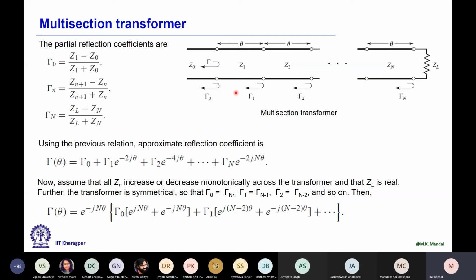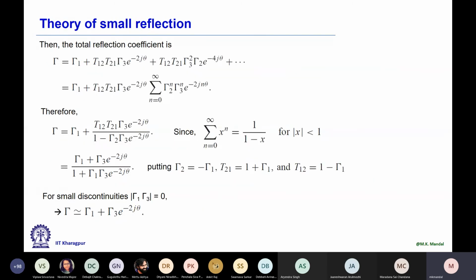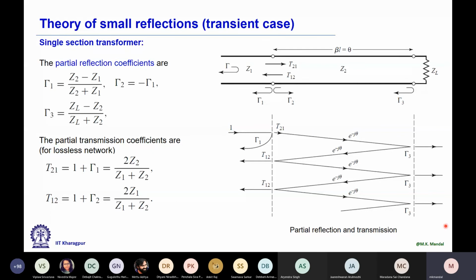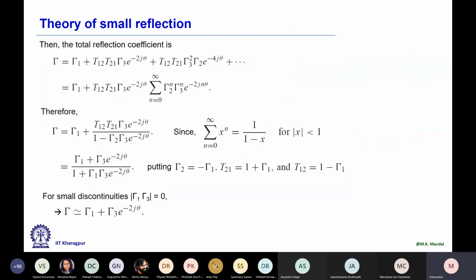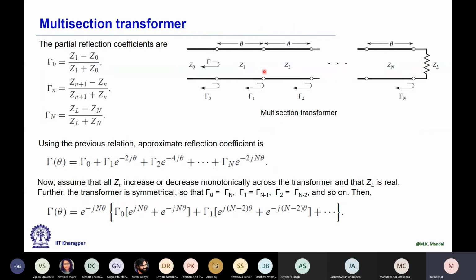So instead of a single section, we'll see later that if we can design a multi-section impedance transformer, then the bandwidth improves. That's why we are trying to develop the theory required for the multi-section transformer. In the previous section we had just one section. Now we consider multiple sections.